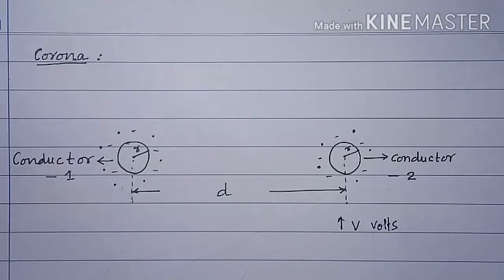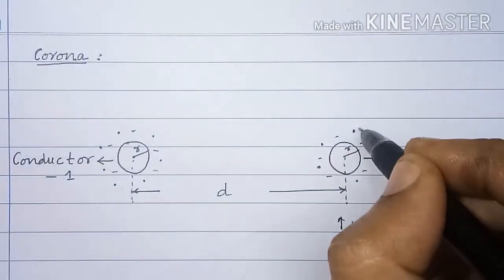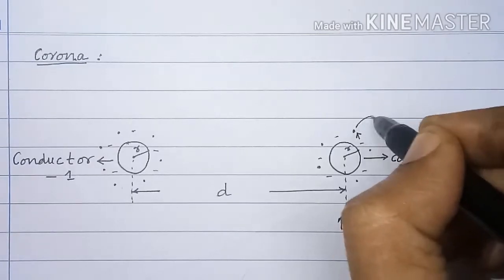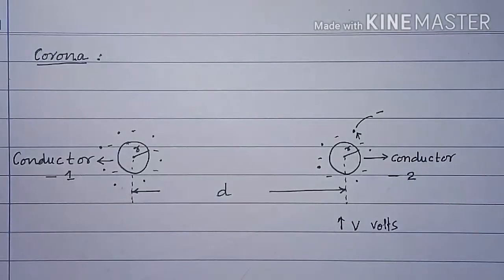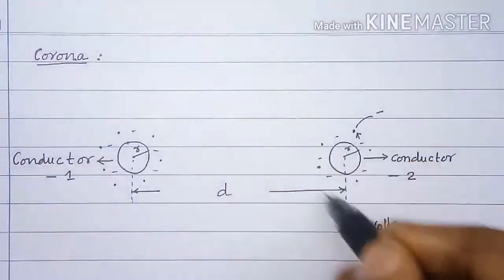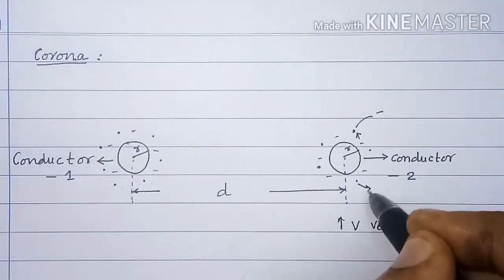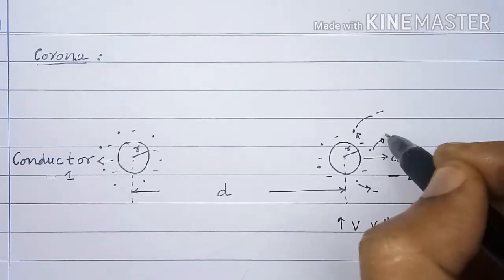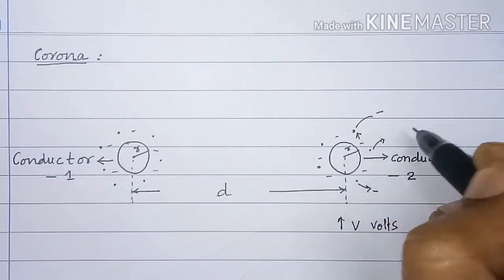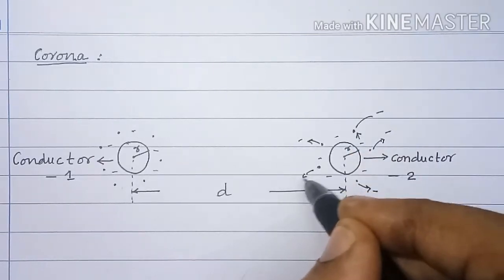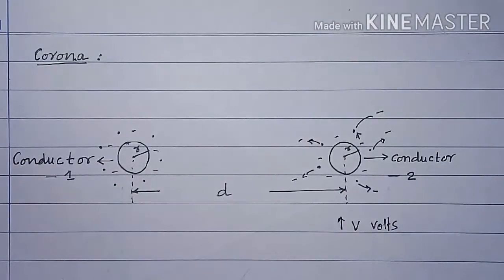When they collide, they will dislodge electrons from these gas molecules, which means that around the current carrying conductor, that is line conductor, the number of electrons will increase.